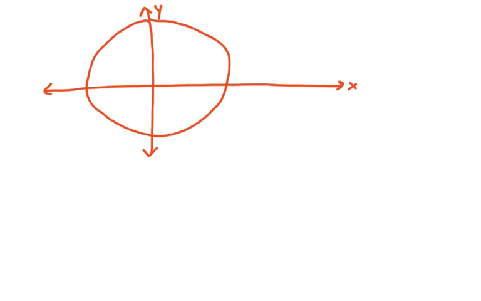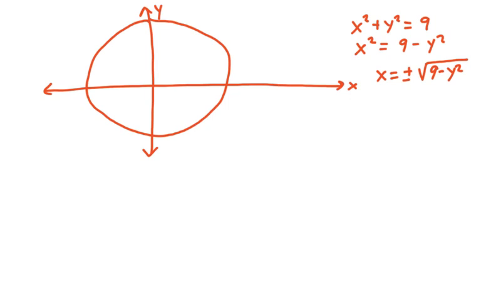Now, the equation of the circle doesn't change. It's x squared plus y squared equals 9. I'm going to solve for x squared to get 9 minus y squared. So x is plus or minus the square root of 9 minus y squared.